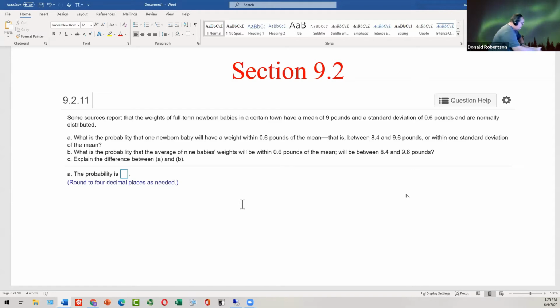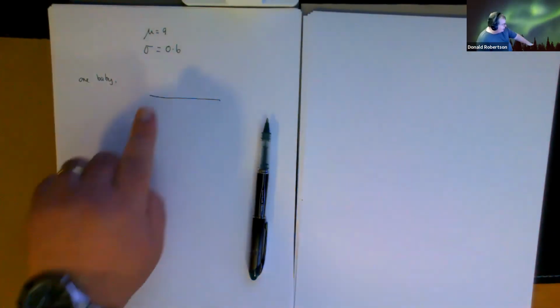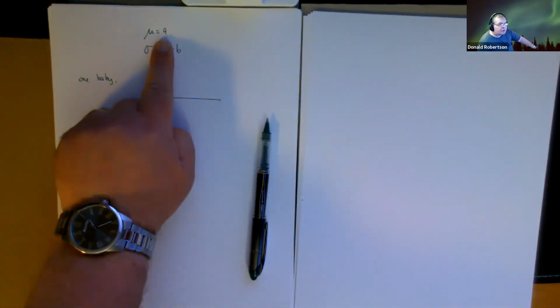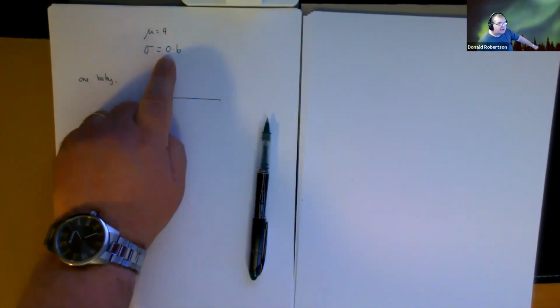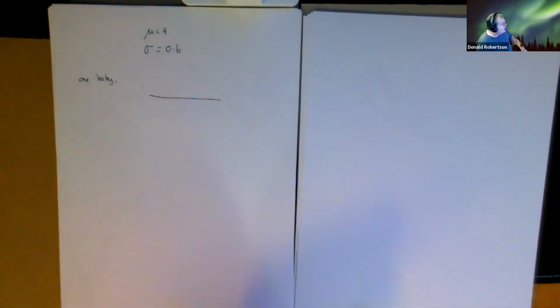So I'm going to now kind of read those questions to you because I want you to see what I'm writing. Okay, so mean in this population, 9 pound babies, standard deviation 0.6. It says, what's the probability of one newborn baby will have a weight within 0.6 of the mean?